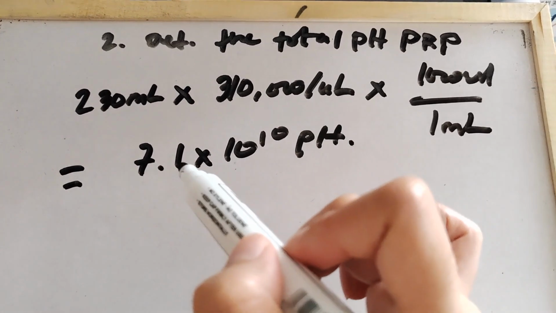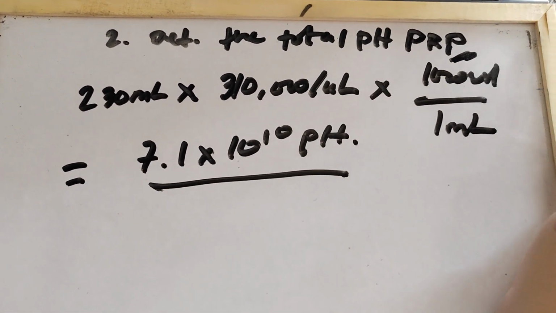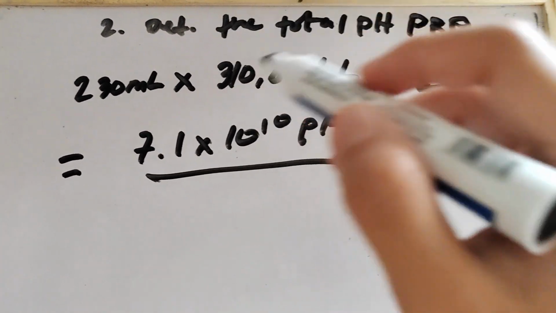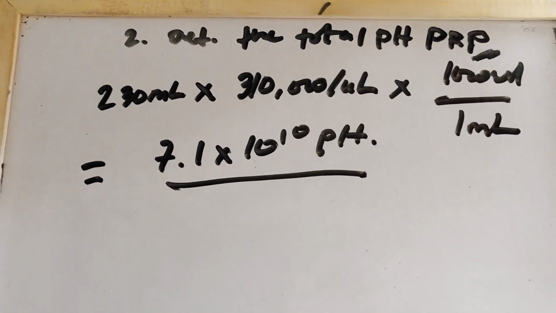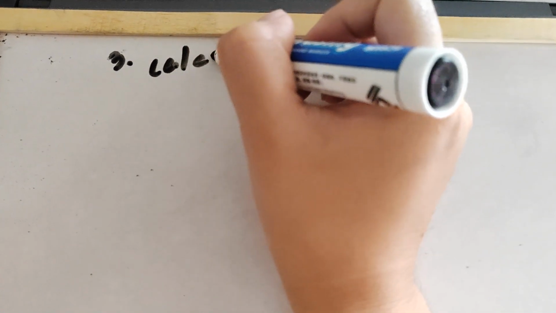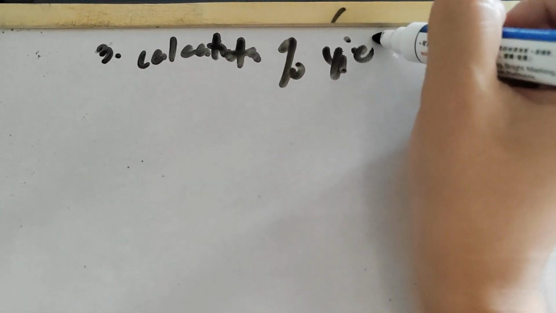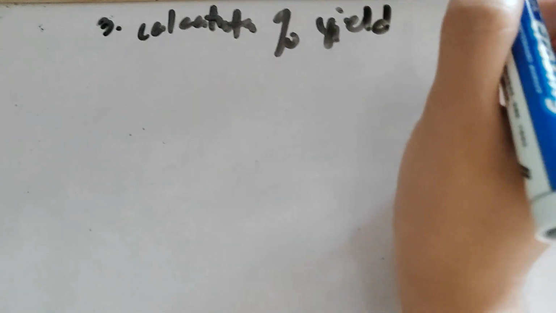Okay, so you have this value as the total platelet count of your PRP. Okay, so take note of this again. Okay, step 3, we could calculate the percent yield. Okay, calculate percent yield.